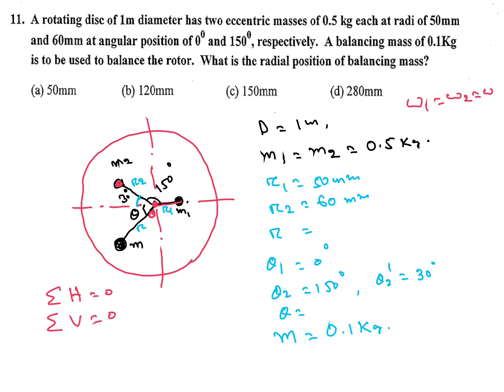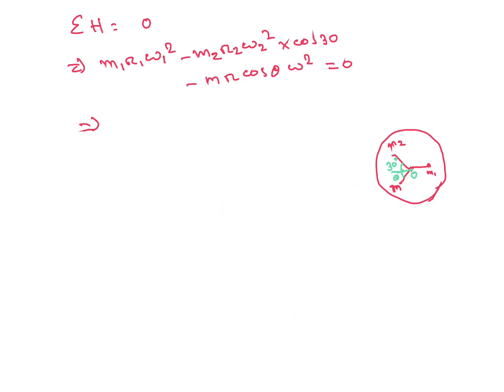So for horizontal balancing, right side is positive, left side is negative. So M1 R1 omega 1 square is positive, and M2 R2 omega 2 square into cos 30 is going left side, so it's negative.